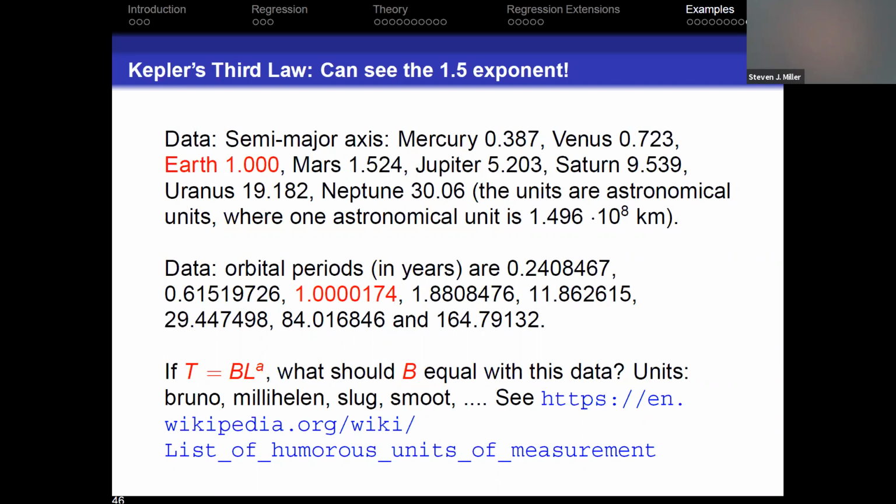We're measuring things in astronomical units, where basically the Earth is 1 unit from the sun. And for its period, we're measuring things basically in years. But we've got to be a little careful because a year is not constant. We have the leap day, and there are all those different rules on it. But what's nice about this is we've chosen units where capital B should be 1.